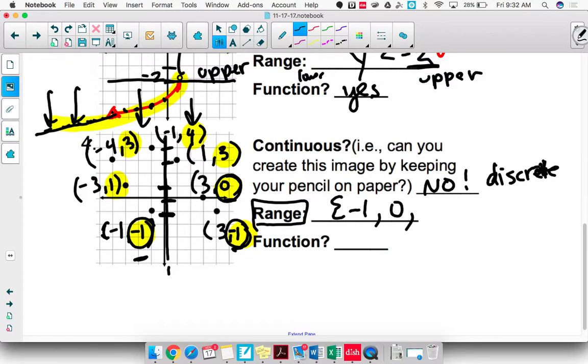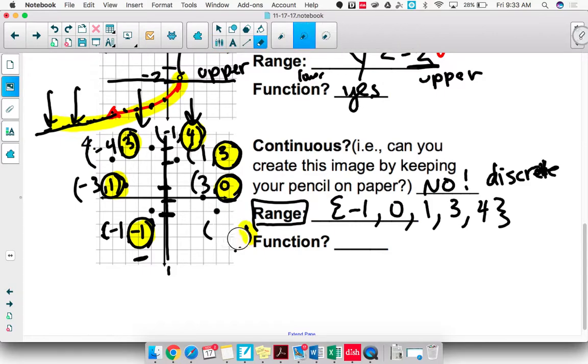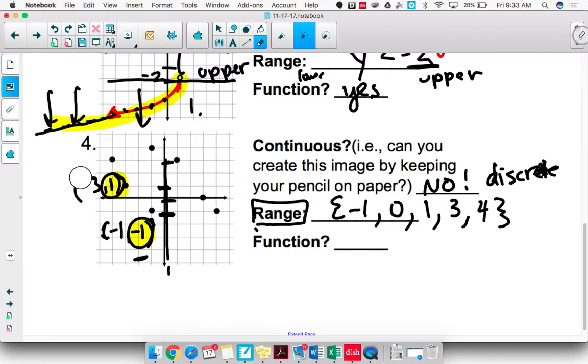Okay, after 0, numerically would come the 1. And then notice we have double 3s here, but we only have to include it once. And then the highest y value is 4. So it's just a list of y coordinates that represent the spots on the graph where we have points.